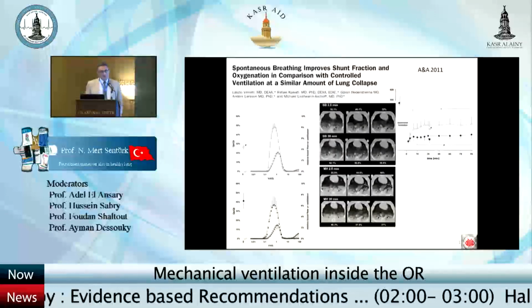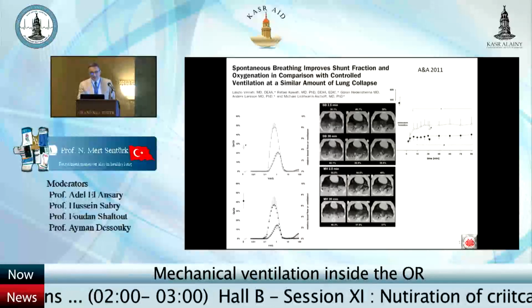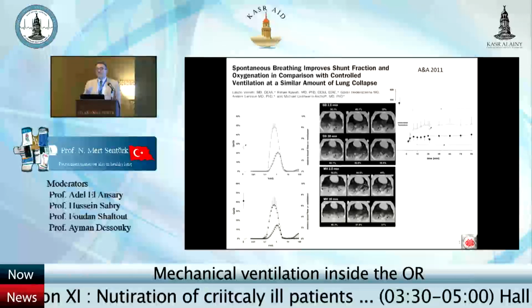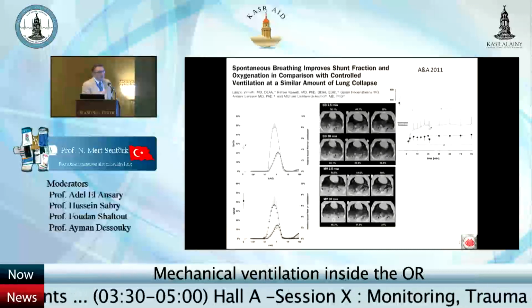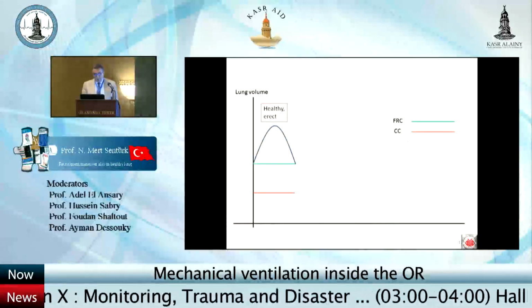Unfortunately, it is not very possible. Therefore, we have to find some way which imitates spontaneous ventilation. That means if I sigh during spontaneous ventilation, I have to let the patient also sigh during mechanical ventilation.